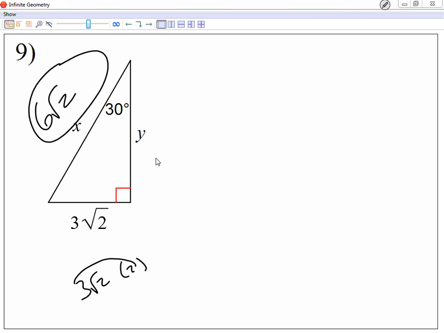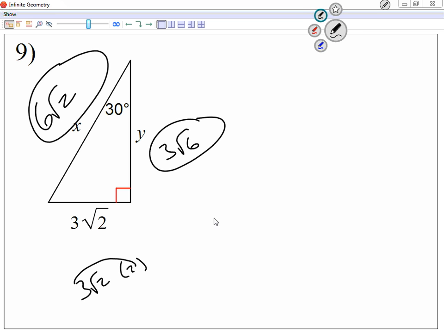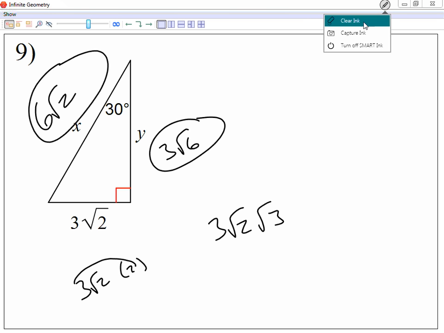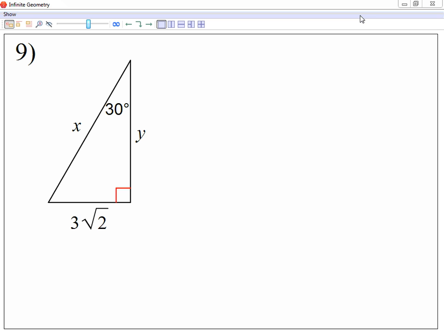Now, what do you guys get for y? 3 radical 6. Nice. Because technically you had 3 radical 2 times radical 3. Combine your radicals. So we call that 3 radical 6. Right? Any questions?